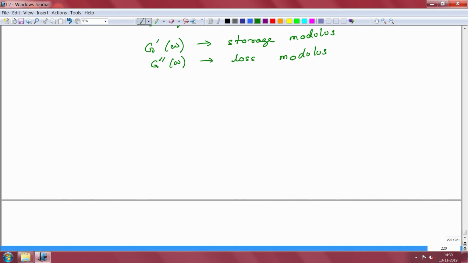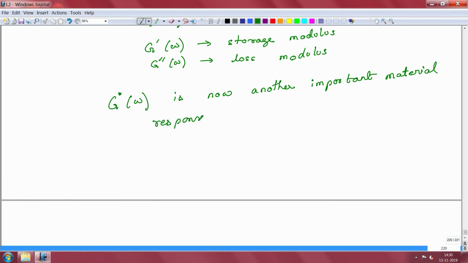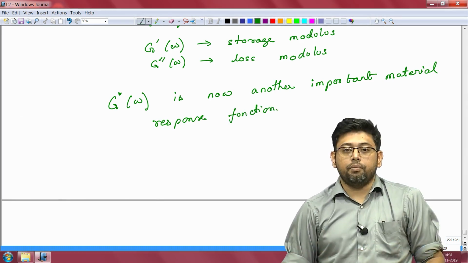Right. This complex modulus is now another important material response function, which means that G star omega can be used to characterize the behavior of a material.